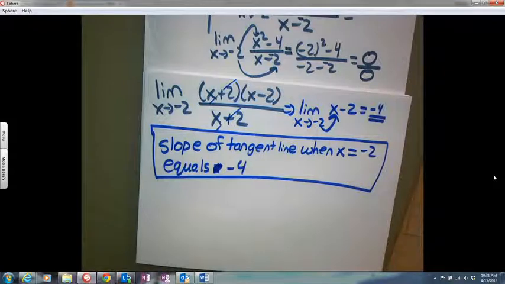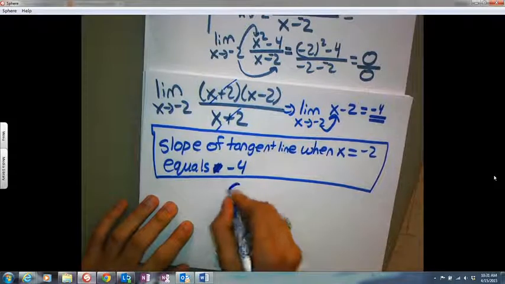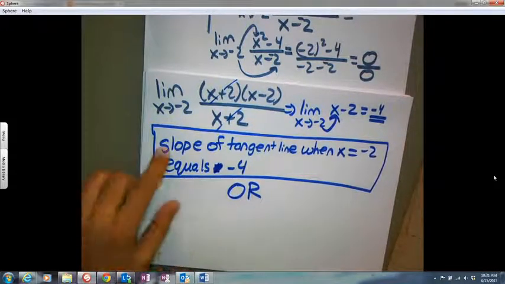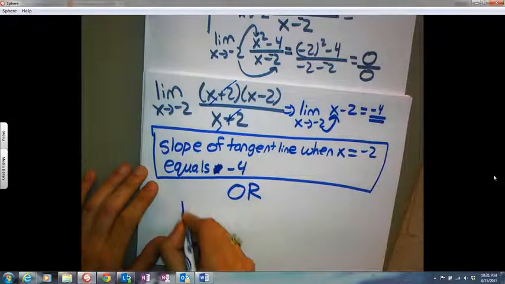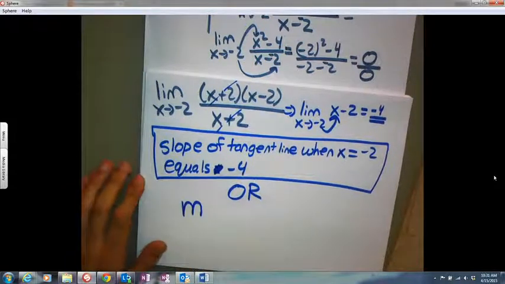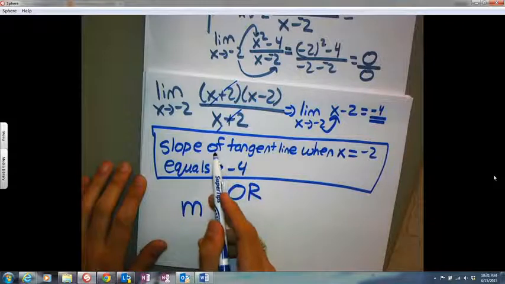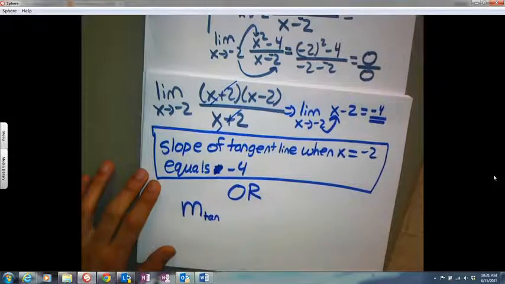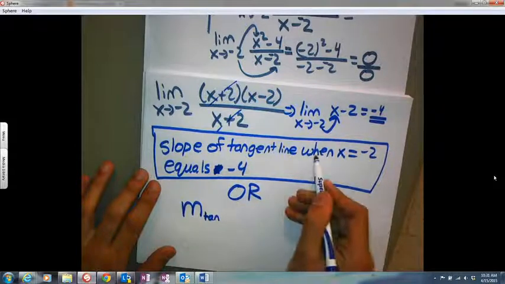So for those people who prefer to write things in words, they could write it like this. Some people prefer to write things with less words and more math. So here's another way to write this that means the same thing. Instead of using slope, slope is often abbreviated as m. Let's write m. Instead of writing of tangent line, you can just put tan. Instead of writing when x equals negative 2, you can put this line here.